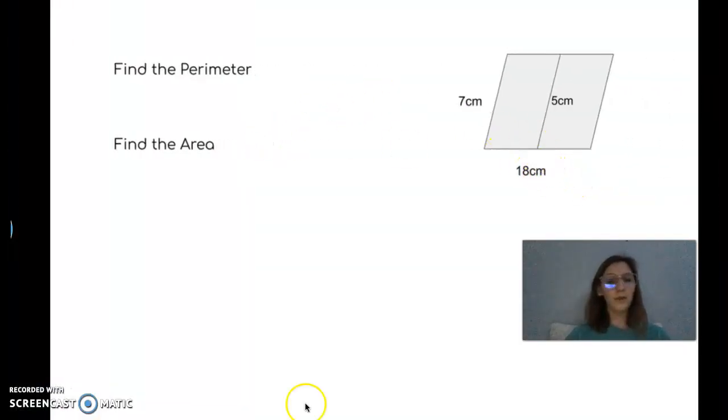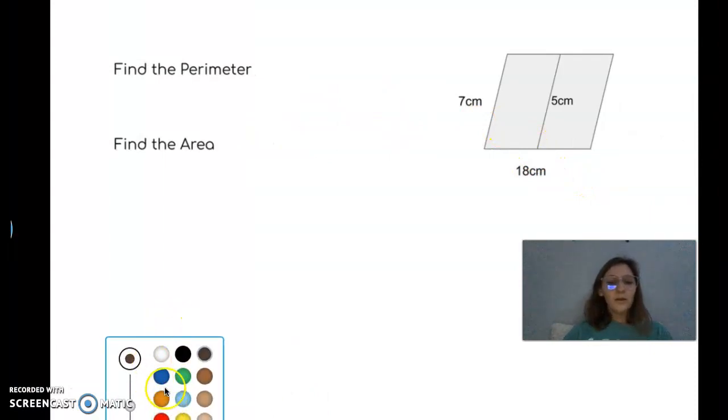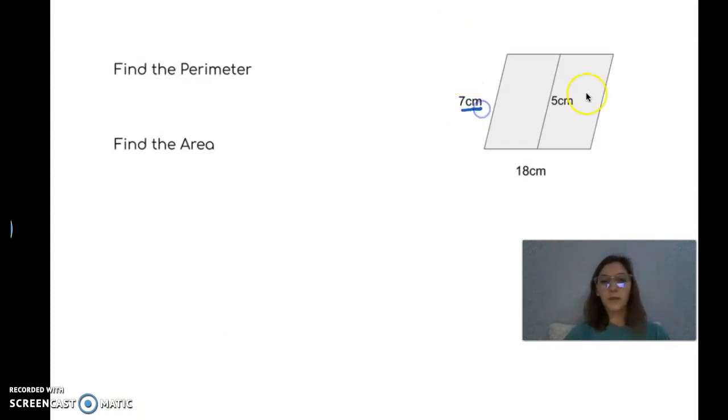Now this one is on your own as well. So I've got 7 on this side. So I'm going to need something to go over here and something to go up here. Alright, I'm going to give you guys 10 minutes to figure this out, and then we'll come back together and complete it together.